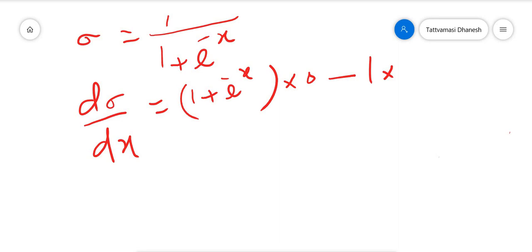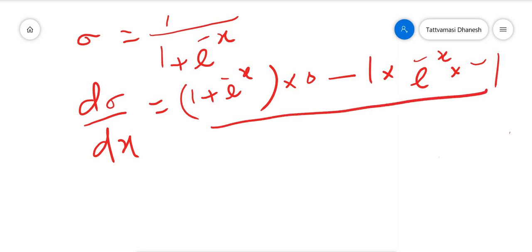Please learn calculus, that's really important. So we get e raised to minus x into minus 1, divided by 1 plus e raised to minus x, the whole square, which is v square.